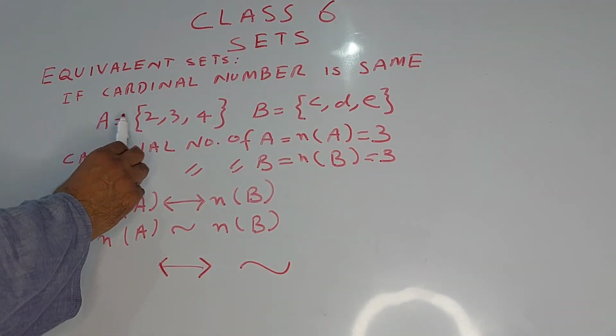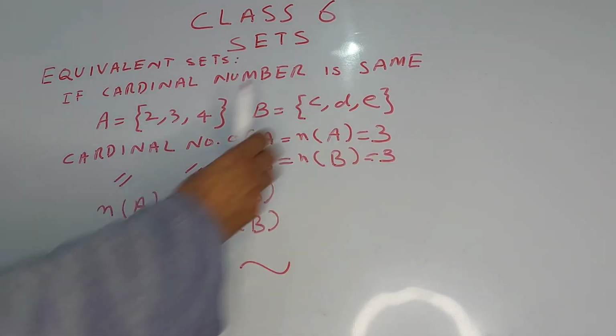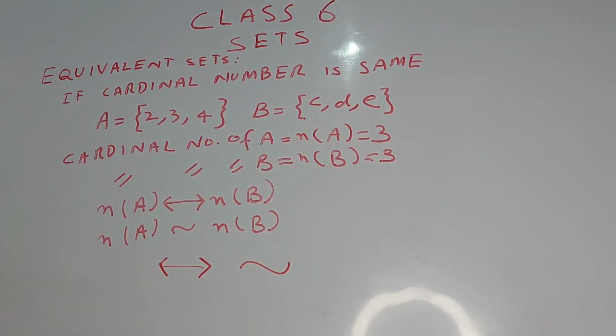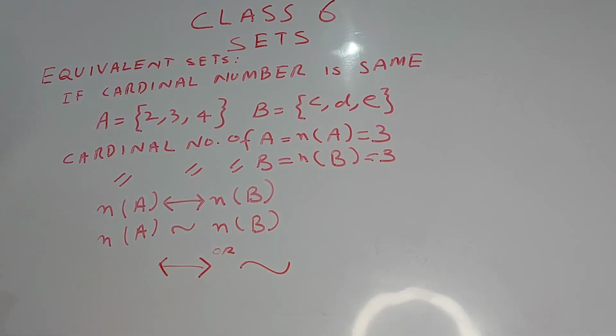Set A has 3 elements, set B has 3 elements. Then we can say that A and B are equivalent sets, and we use these symbols for equivalent sets.